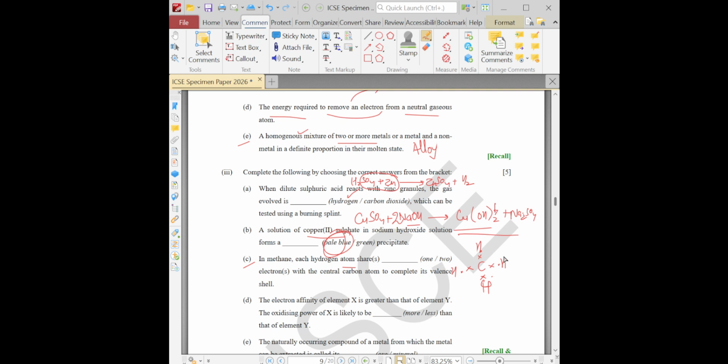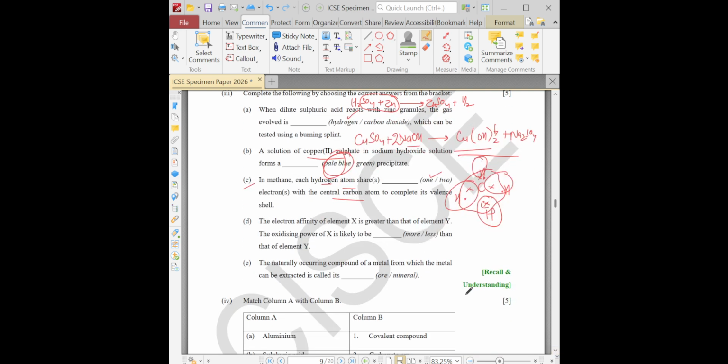One hydrogen has one electron and is going to take another electron from carbon. Likewise, all the 4 hydrogens will take one electron each from carbon, and carbon is going to take one electron each from hydrogen to complete its octet. So in methane, each hydrogen atom shares one electron with the central atom to complete its valence shell.